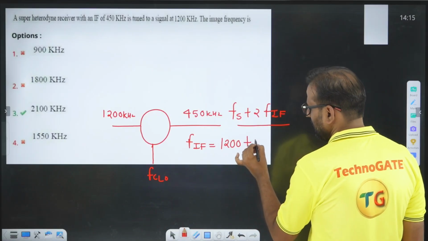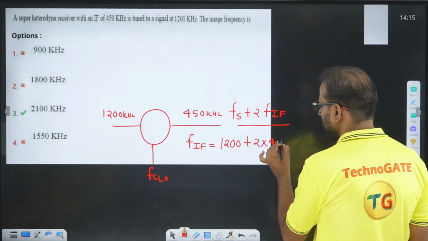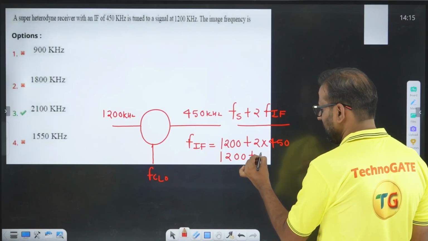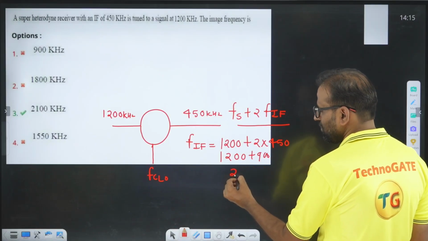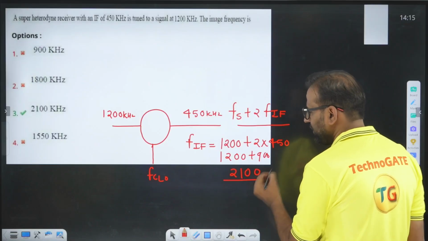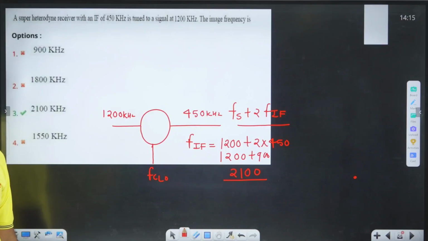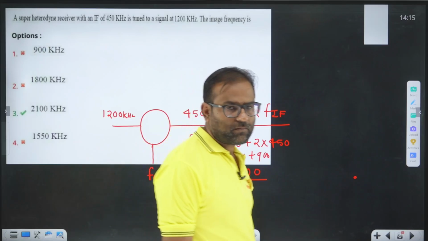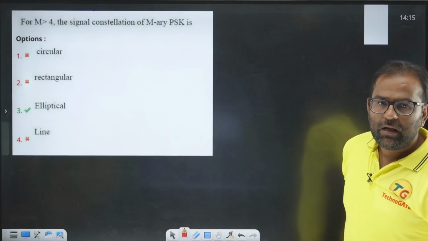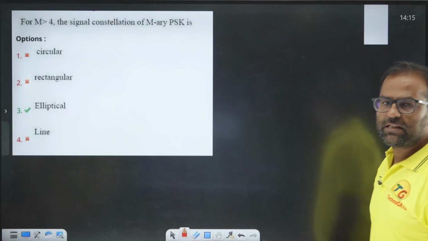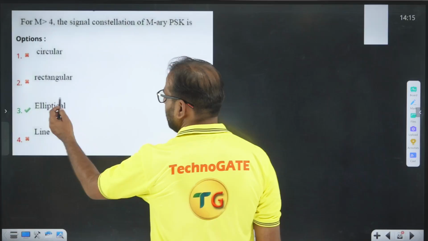So this is 2 into 450, which is 900. 1200 plus 900 is 2100. So which option is correct? 2100 is the correct option. Next, for M greater than 4, the signal constellation of M-ary PSK, always remember it is elliptical.